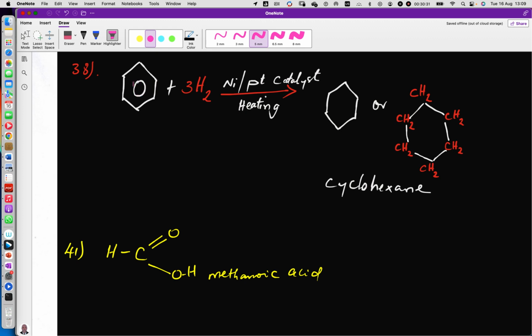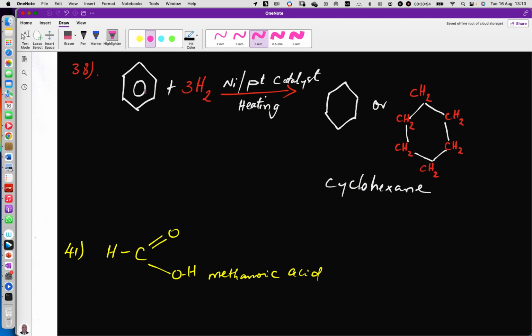The benzene ring is broken when hydrogens are added onto the ring. So the first thing is there will be breaking of the ring as hydrogen is added. And the resultant will be a cycloalkane.